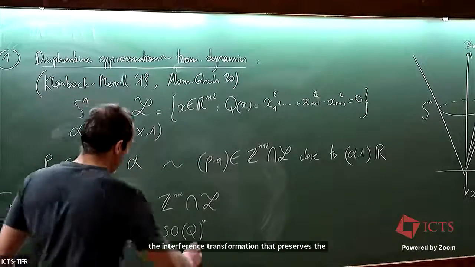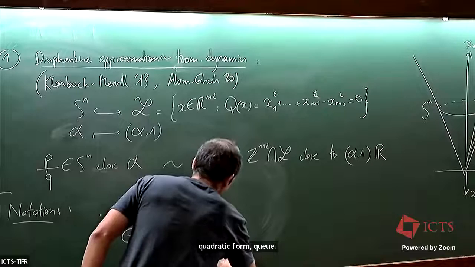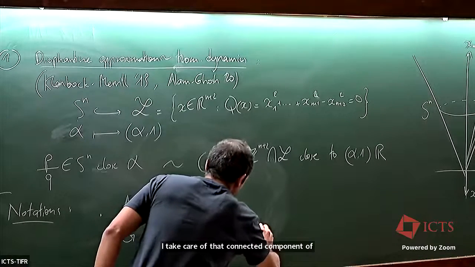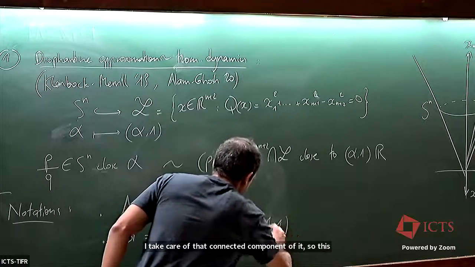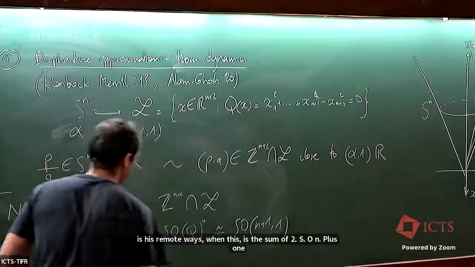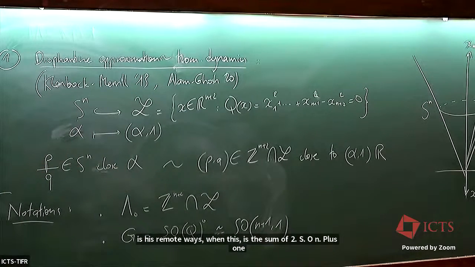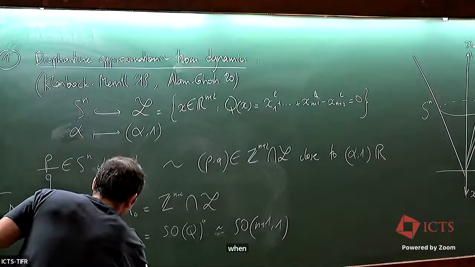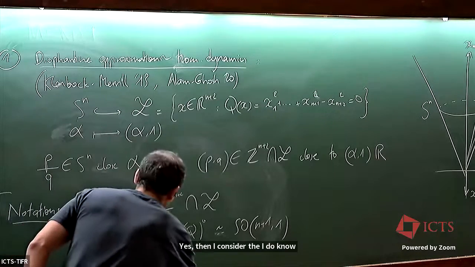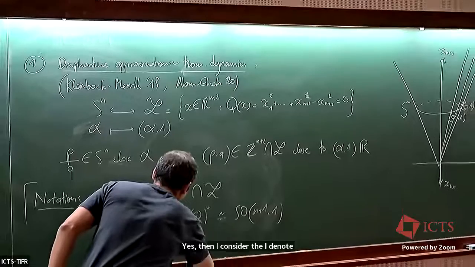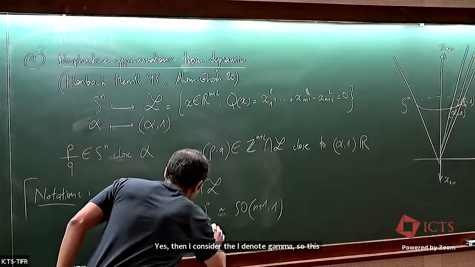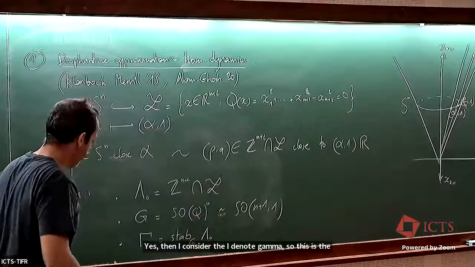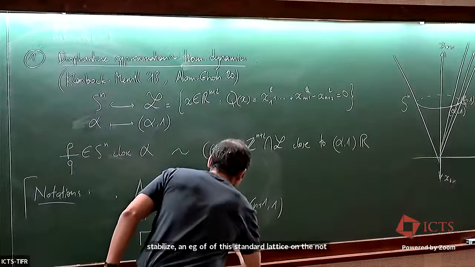This is isomorphic to SO(n+1, 1). Then I denote Gamma the stabilizer in G of this standard lattice Lambda naught. This is a lattice in G.